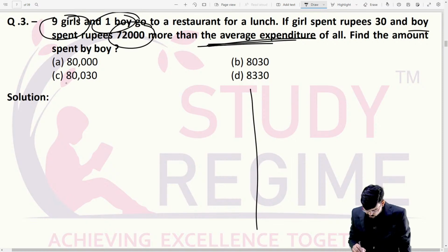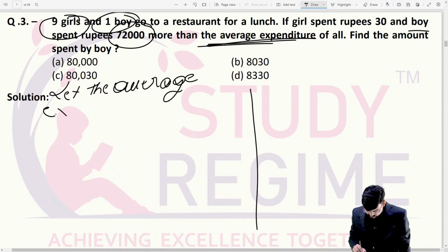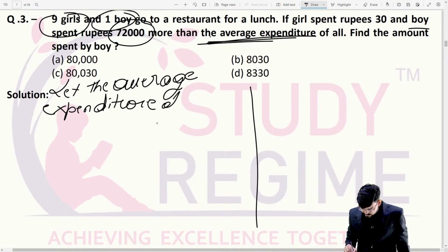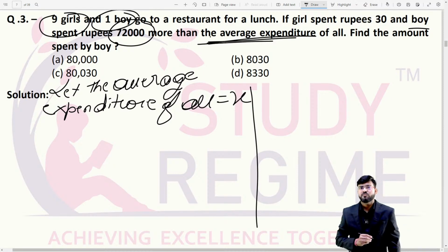We will assume, let the average expenditure of all be equal to X. What we have assumed?